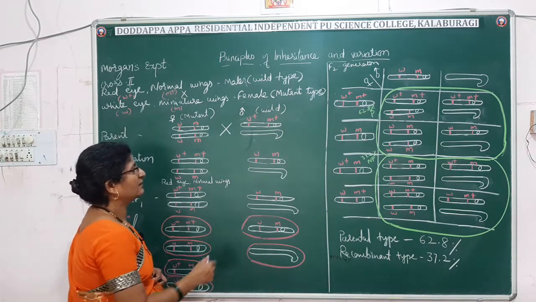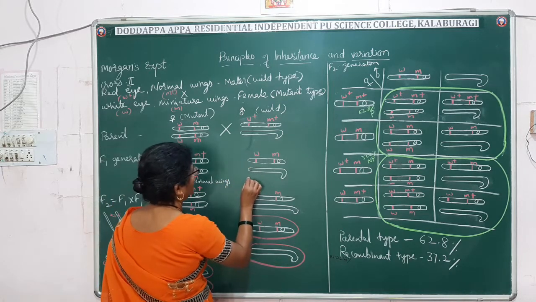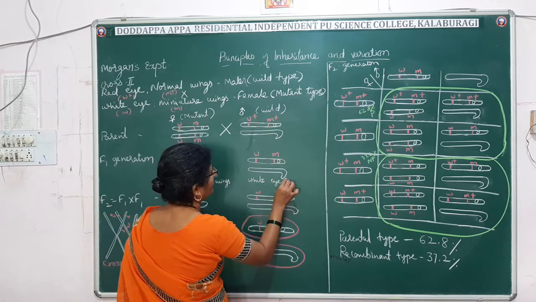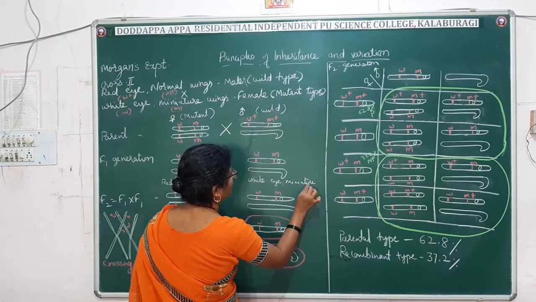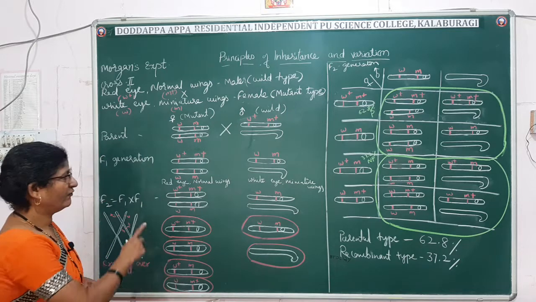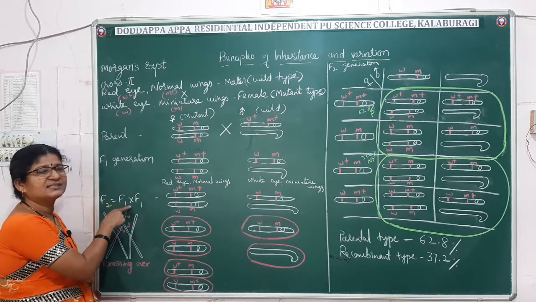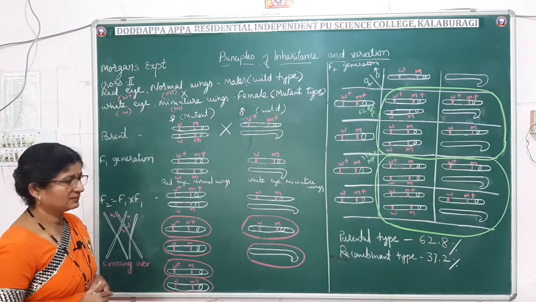And all the males were of mutant variety, that is white eye, miniature wings. So these are the F1 generation, and to get the F2, he selfed the F1 progenies among themselves.